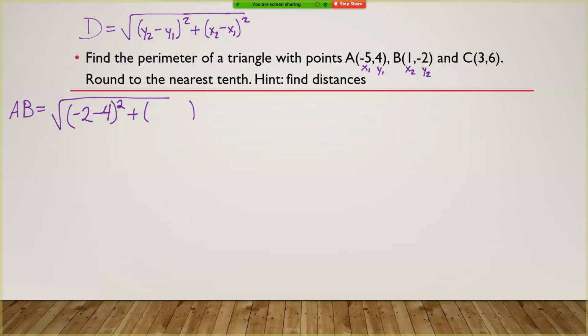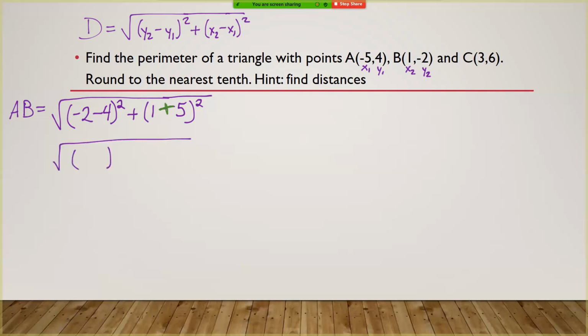Then my plus sign, and I'm going to repeat the same process with my x's. So I'm going to take 1 minus -5. Anytime you have a double negative, we just change it to a positive. So subtracting a negative number is adding. So we just go ahead and change that to a positive.